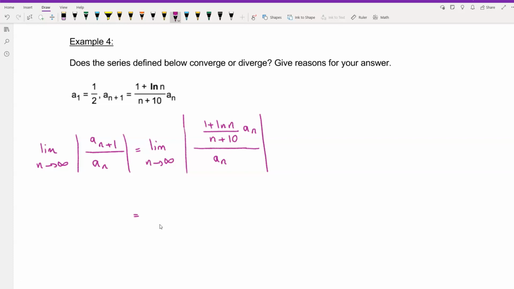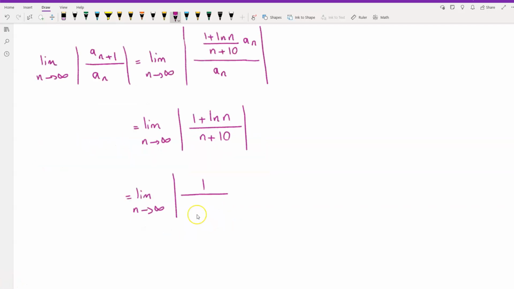We can simplify, so we can cancel this part. So simplify here, we have limit of absolute value of 1 plus natural log over n plus 10. And this is equal to limit of absolute value of 1 over what we have in denominator, so 1 over n plus 10, then plus natural log over what we have in denominator, n plus 10.